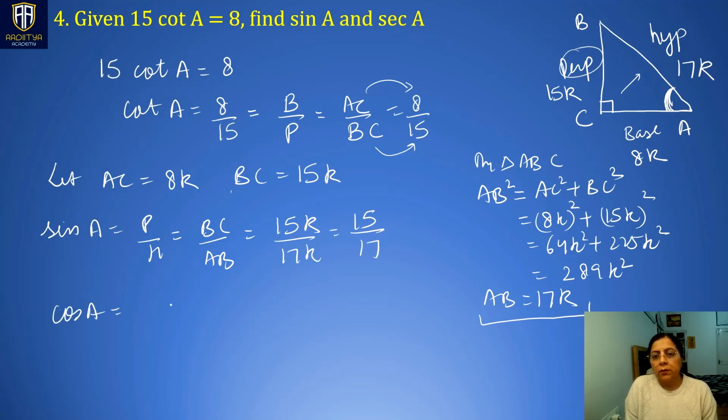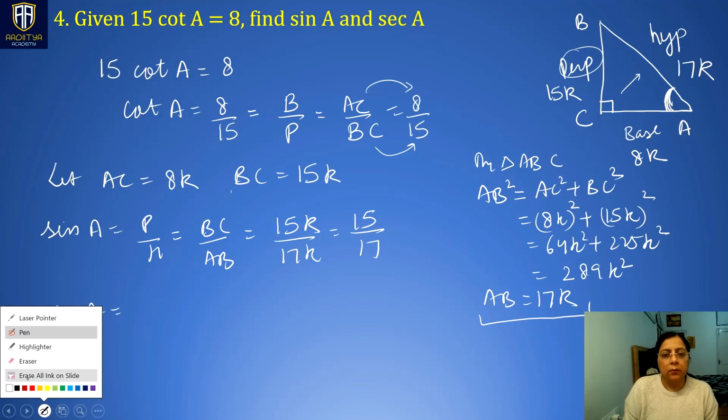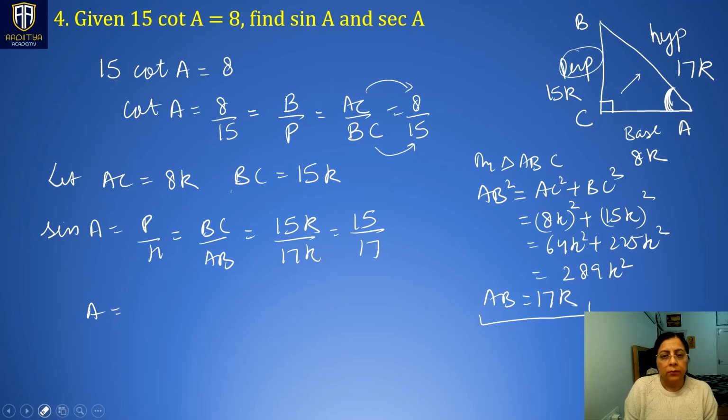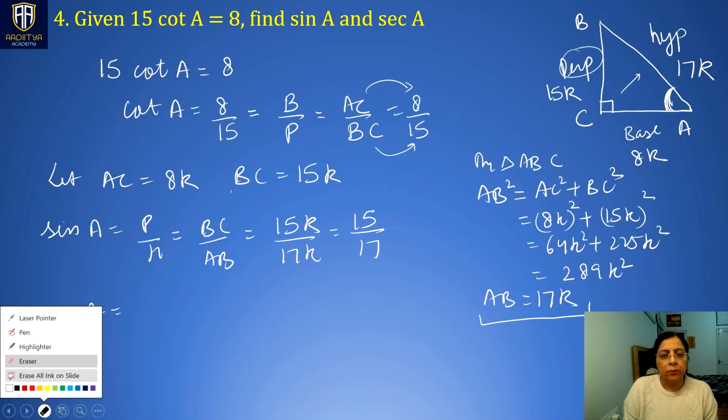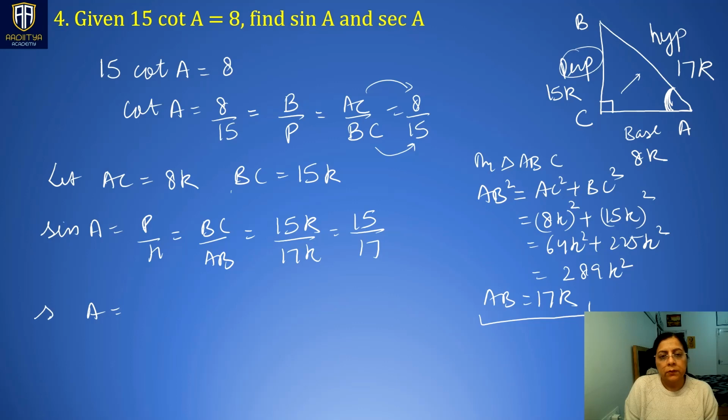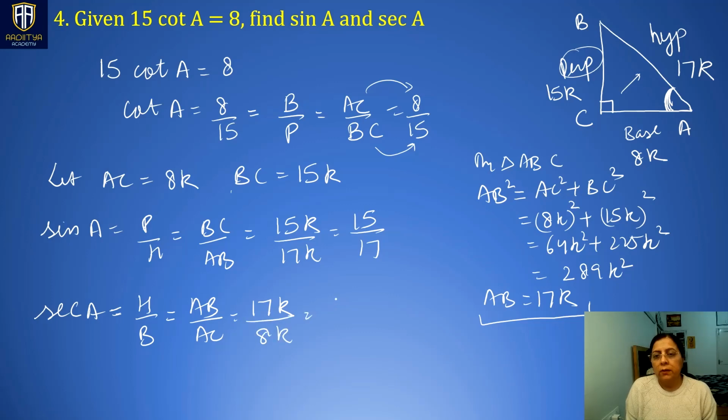Now we have to find secant of A. Secant of A is the reciprocal of cos. Cos is base by hypotenuse, so this is hypotenuse by base. Hypotenuse here is AB and base is AC, which is 17K over 8K. So we have 17 by 8.